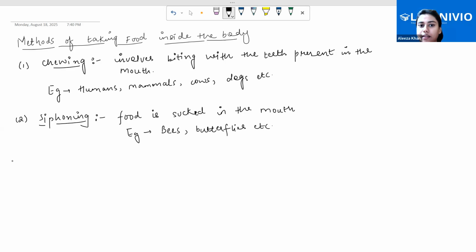Third method is scraping. What do you mean by scraping, Shreya? Any idea about it? Scraping is when the food is scraped off the surface.